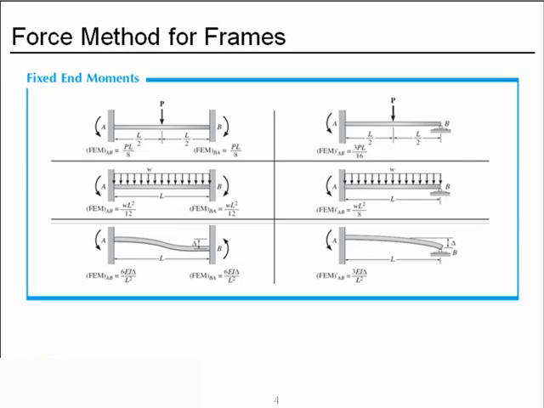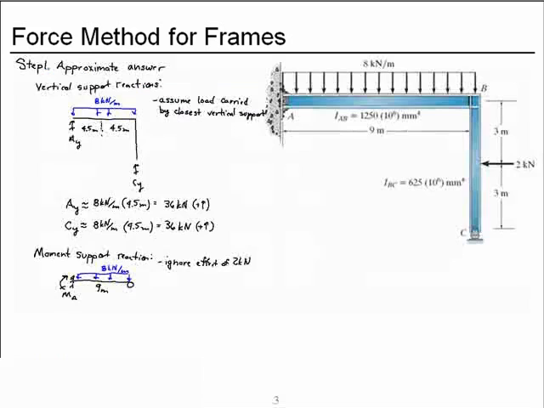So if we look inside the back cover at this situation, we see that for a beam fixed at one end, roller at the other, uniformly loaded, the moment reaction is omega L squared over 8. So let's use that to approximate our moment here.